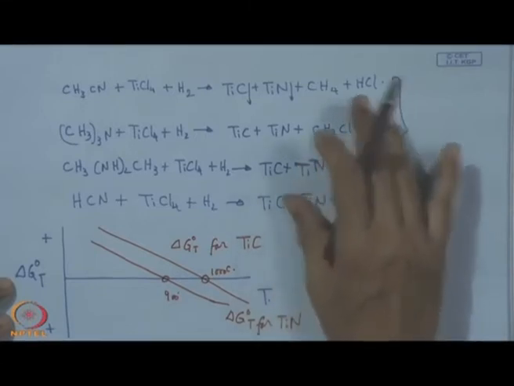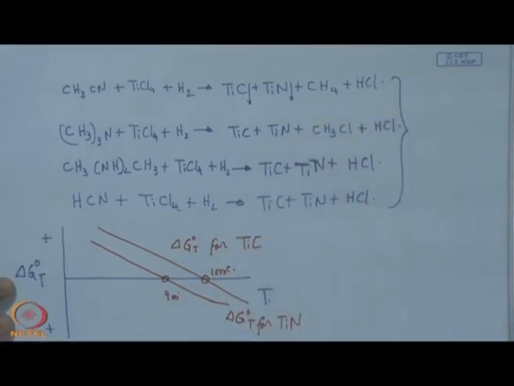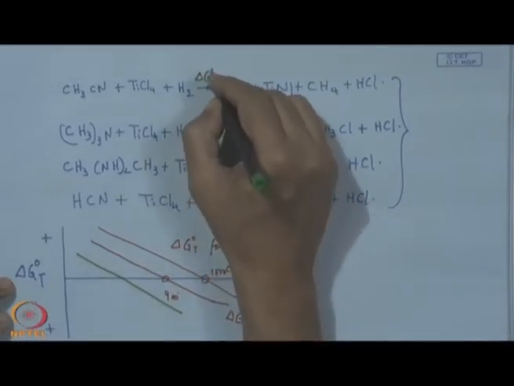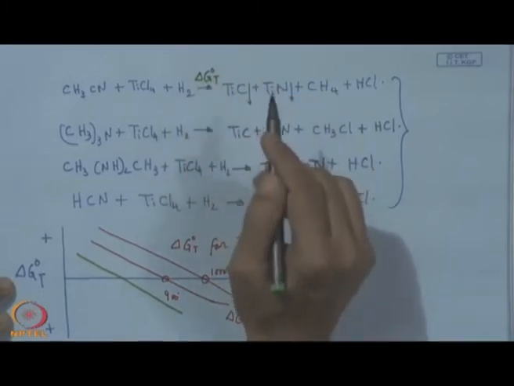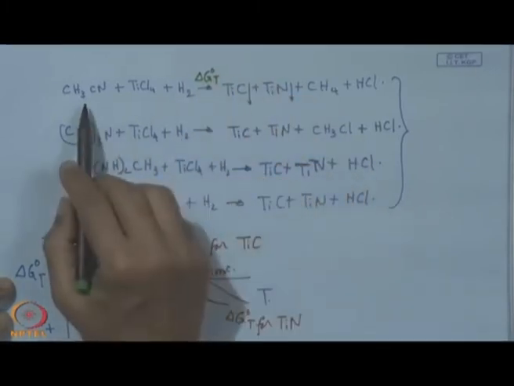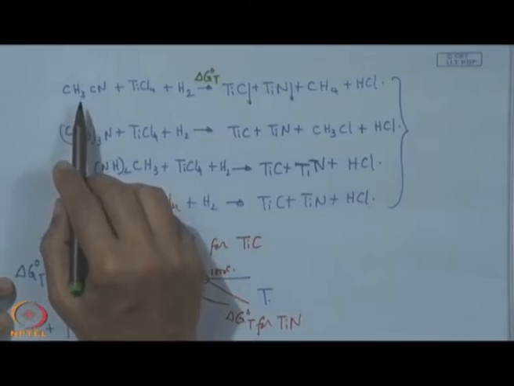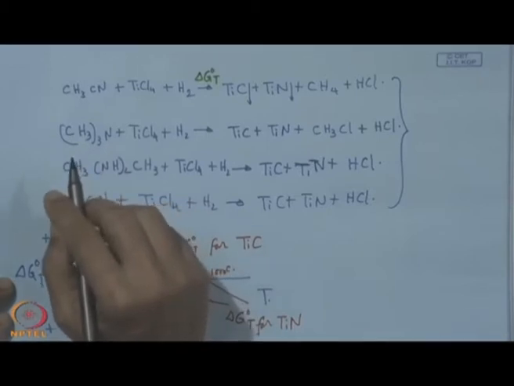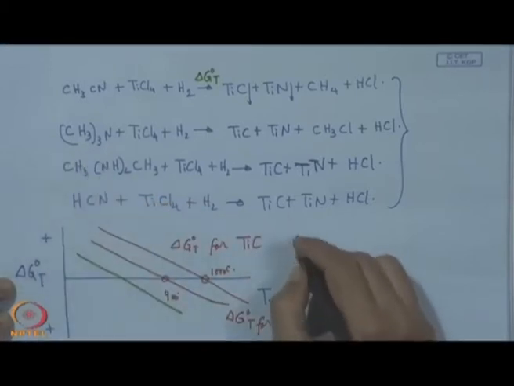Now, if we put them together, we can find out that this is shifted quite remarkably in this direction, and the exact line will depend upon the delta G 0 T, and that will depend on respective enthalpy of formation and entropy of formation, and that will be guided by the governing equation.